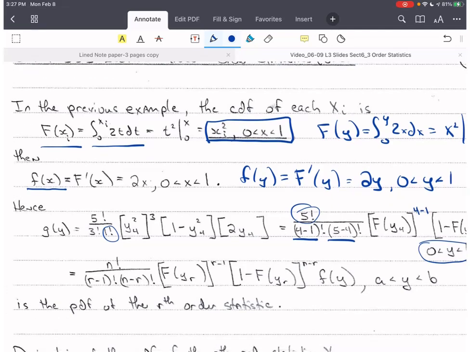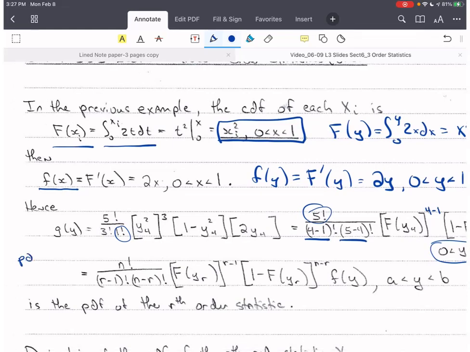So here is what we're left with. The formula for the PDF of y sub r is given by g of y sub r is equal to n factorial divided by r minus 1 factorial divided by n minus r factorial, and then the CDF of y sub r raised to the r minus 1. Okay.